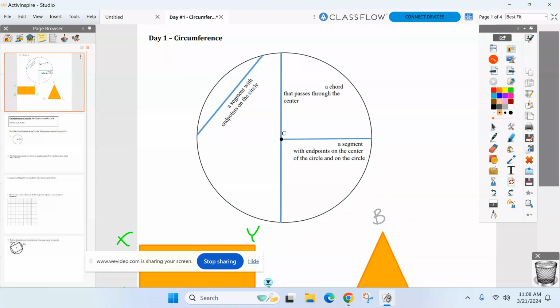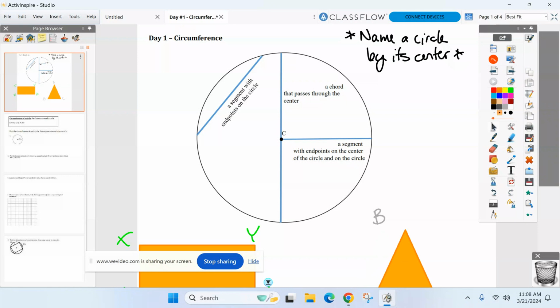We name a circle. There's your first thing for today: we name a circle by its center. Yes, we name a circle by its center. So this right here, we're going to call circle C, because C is the center.